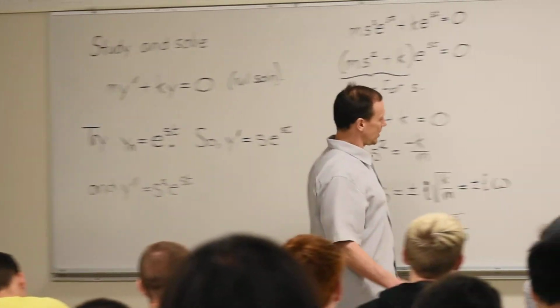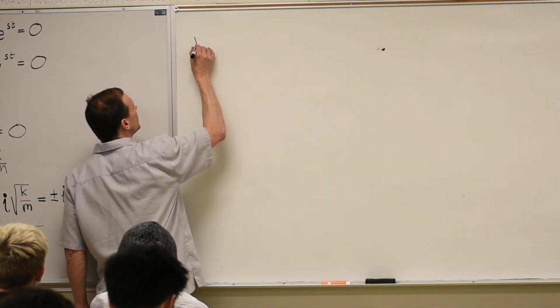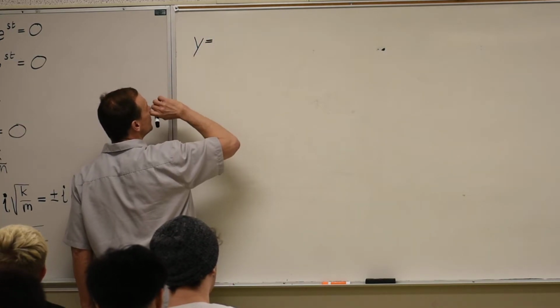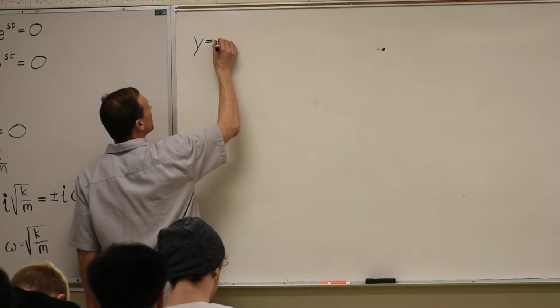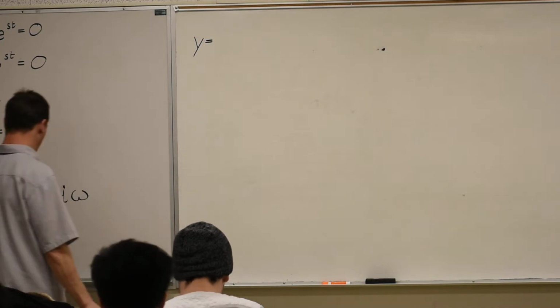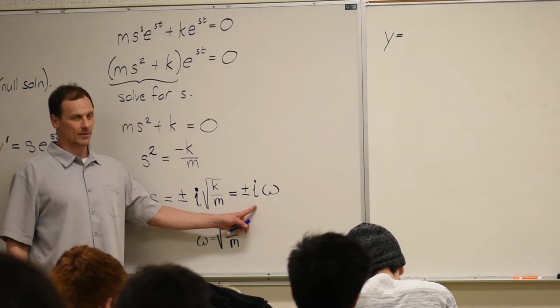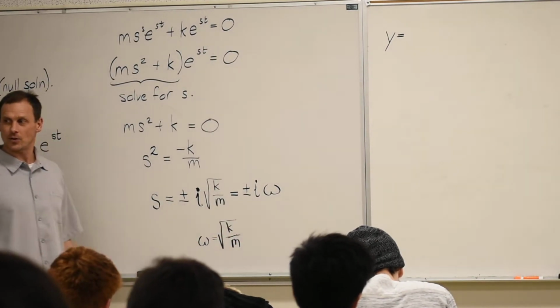All right, let's try this. So I have y is equal. So this is my solution. Is y is equal to. Wait, hold on a second. How many solutions is that? Yeah, that's 2 solutions.